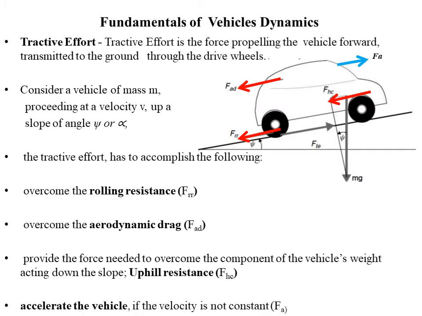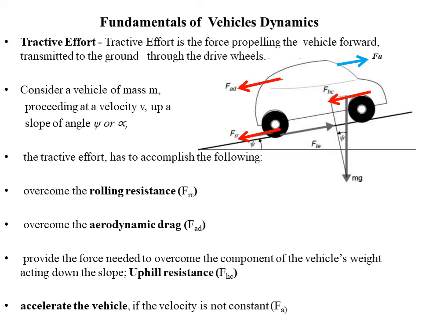And also if we need to accelerate the vehicle, or increase the velocity of the vehicle, then an additional force should be there within the vehicle, only then can we accelerate it. So only if the vehicle has sufficient force to overcome the resistive forces, and has this accelerating force, can the vehicle move forward or accelerate with a particular velocity.